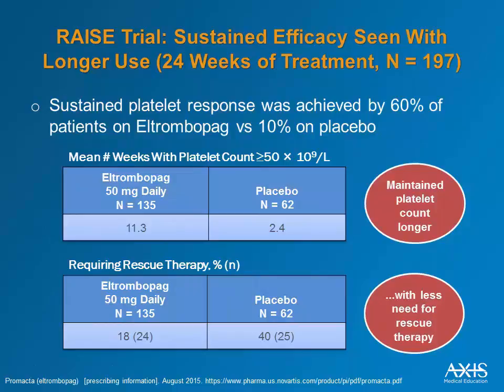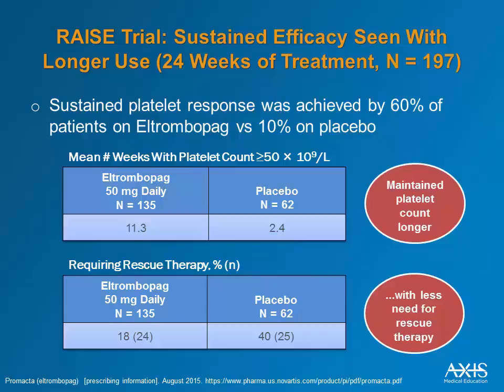The RAISE trial looked at 24 weeks of treatment in almost 200 patients, and you can see that a sustained platelet response was achieved in 60% of patients on eltrombopag and only 10% on placebo.